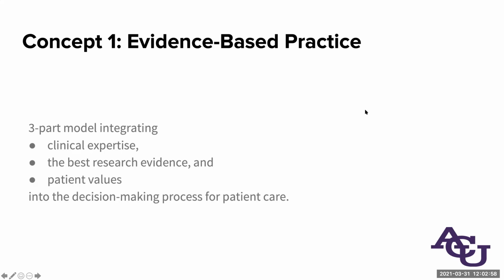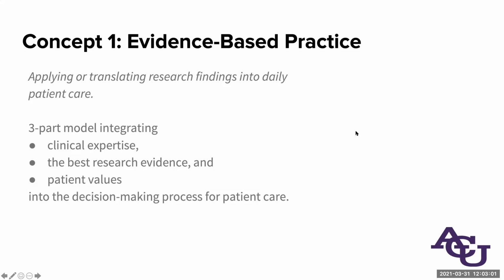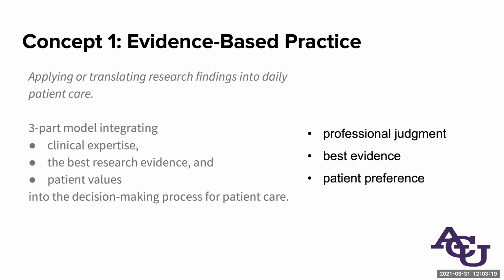Now, this is ultimately about how you apply the things that you know on the job from your research, from your reading, and what you get from the patient, and to determining what's going to happen with the regular ongoing patient care that is delivered. The way that the course materials describe this, they call the clinical expertise professional judgment, because it's the best research evidence, the best evidence, and patient values, patient preference.